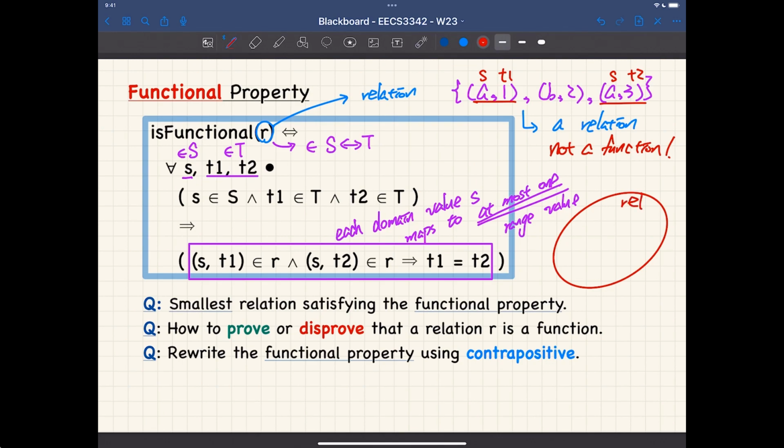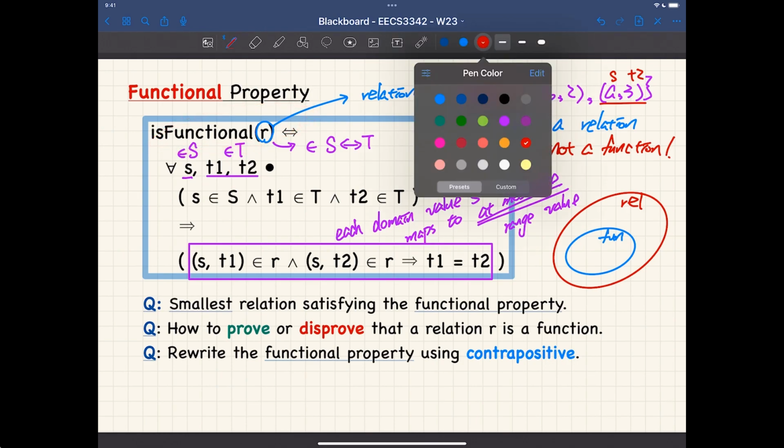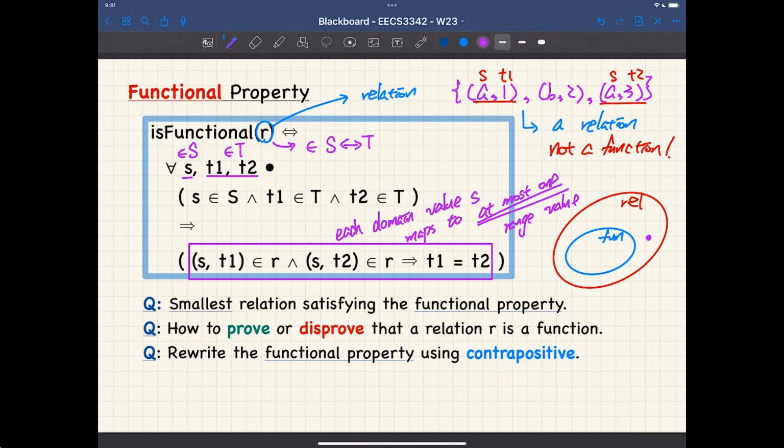Only a proper subset there is going to be considered a function that satisfies the functional property. And apparently, you should really consider what can be a member that's actually a relation but not a function.